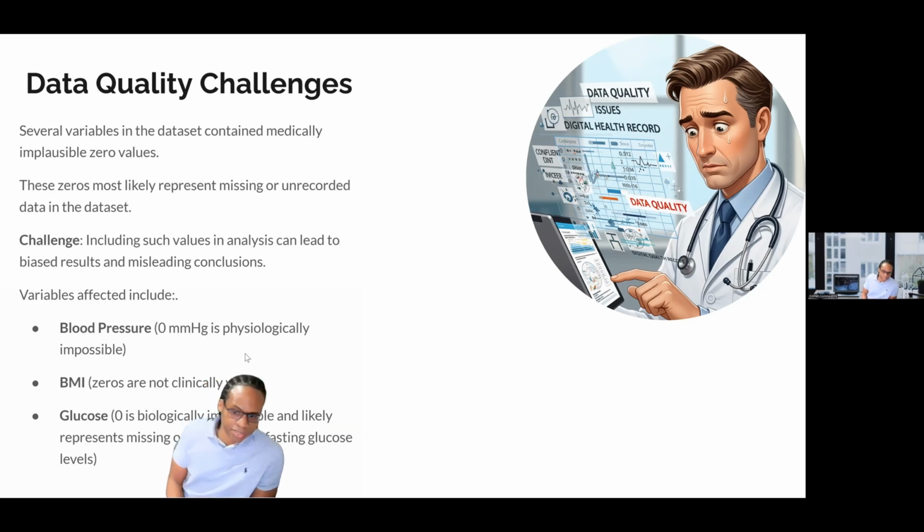Right off the bat, we identified that blood pressure values that had 0 were physiologically impossible, and those rows or entries in the data needed to be removed. We also looked at BMI and also glucose as potential candidates for rows and values that may need to be removed, which we will get into in future sections.